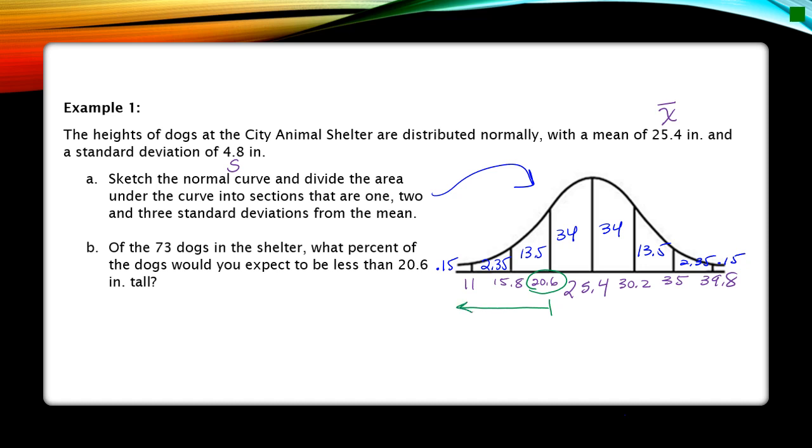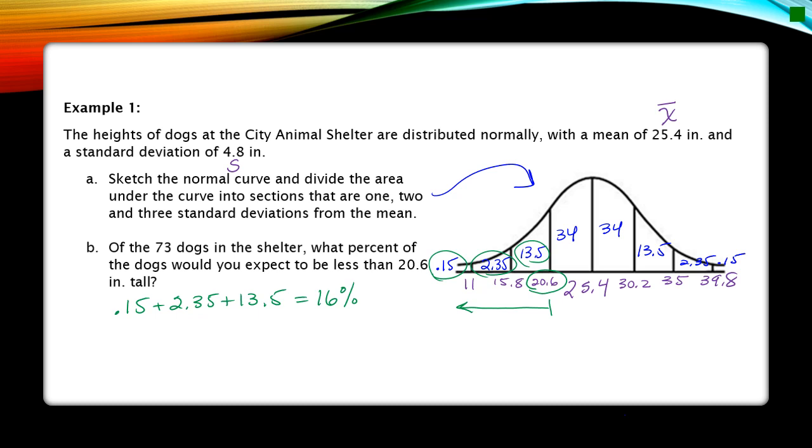So what I'm going to do is take all the percentages that are to the left of 20.6 and add them together. So 0.15 plus 2.35 plus 13.5. And when you add these together, you end up with exactly 16%.